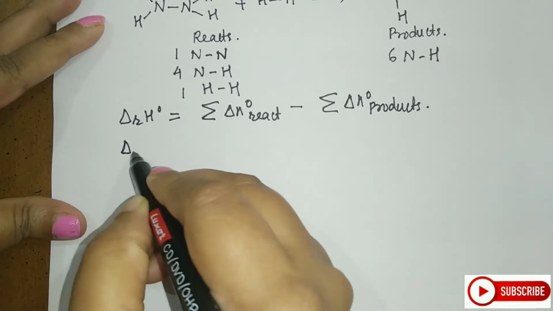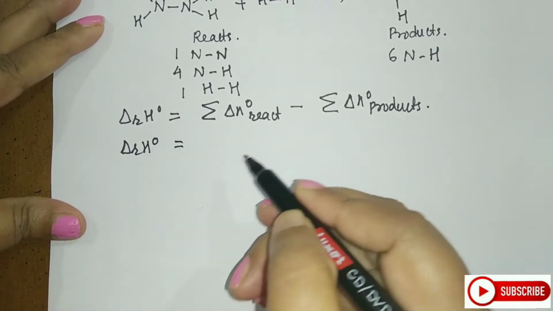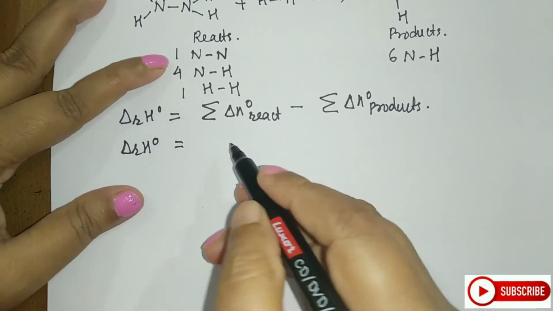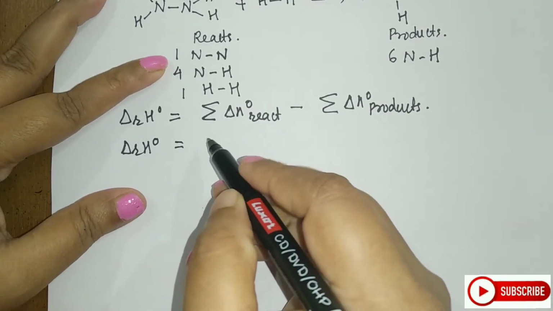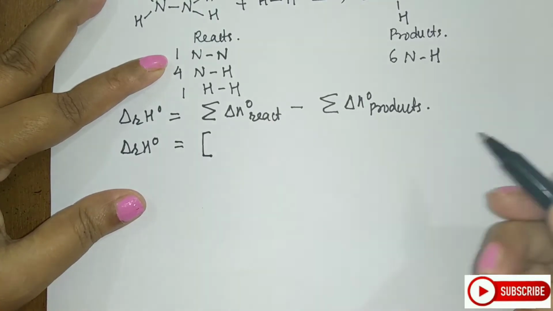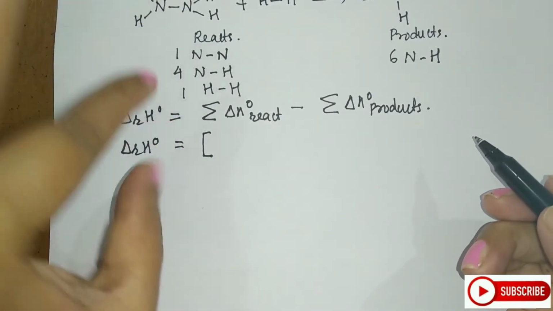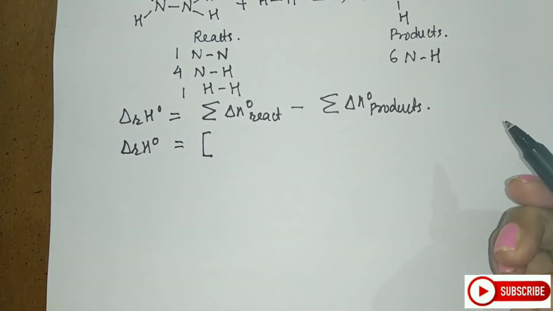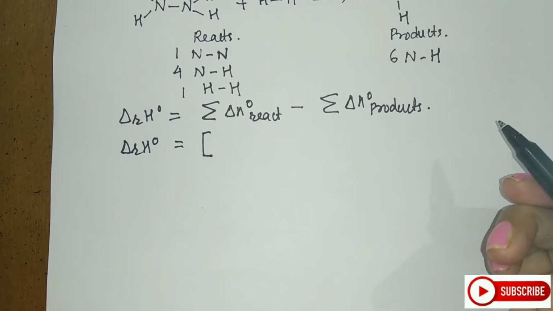So it will be delta H equal to, let us start from here. First I will take all the reactants, minus all the products. So let us write all the reactants now.